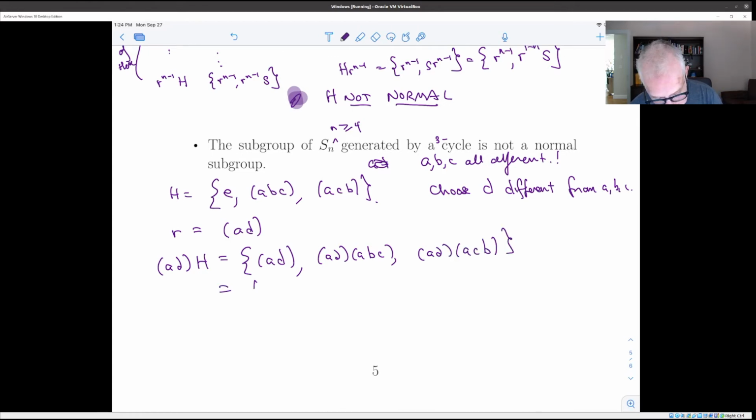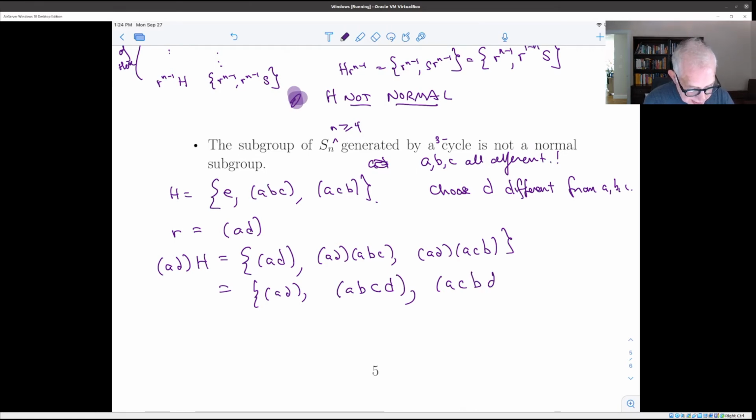And that is (A D), and then here we have A goes to B, B goes to C, C goes to A goes to D, and finally D goes to A. And then we have A goes to C, C goes to B goes to A goes to D, and D goes to A. So that's the left coset.